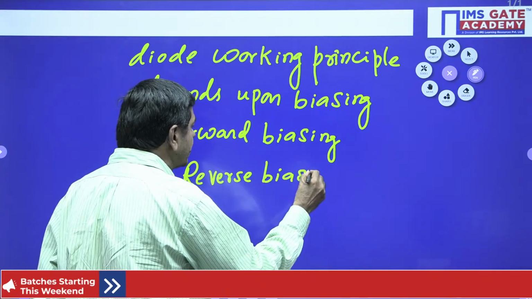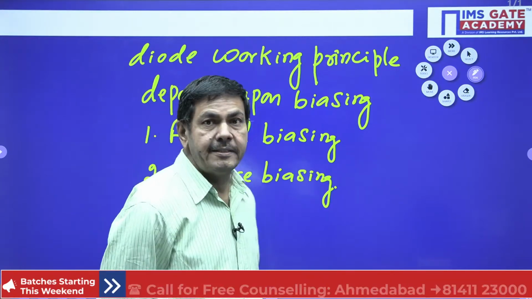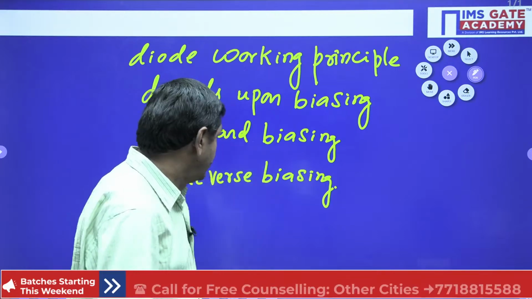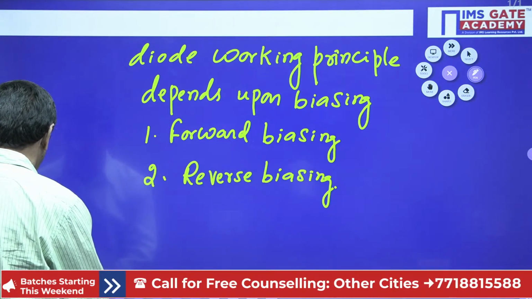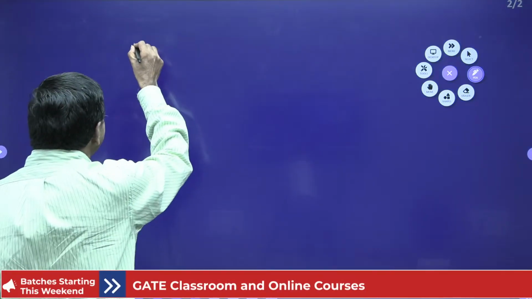These are the two types of biasing generally used with the PN junction diode. But I would like to explain what forward biasing is. I selected forward biasing.